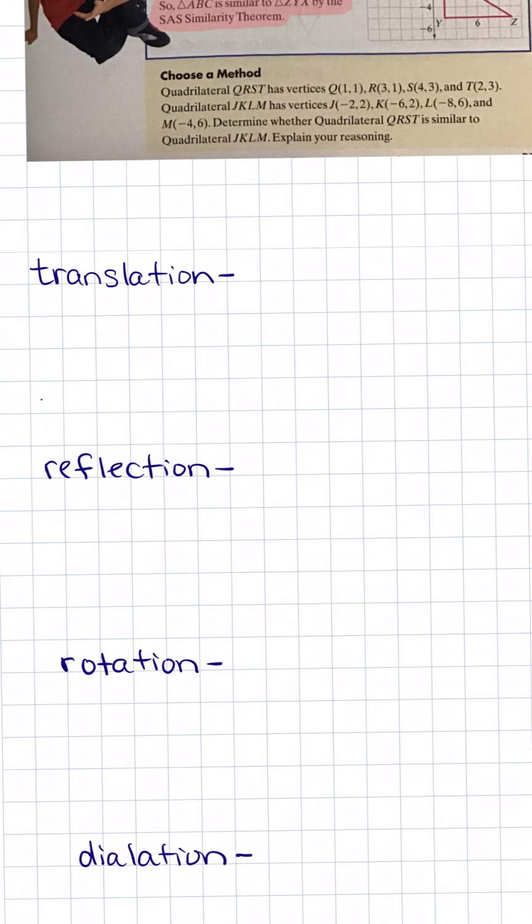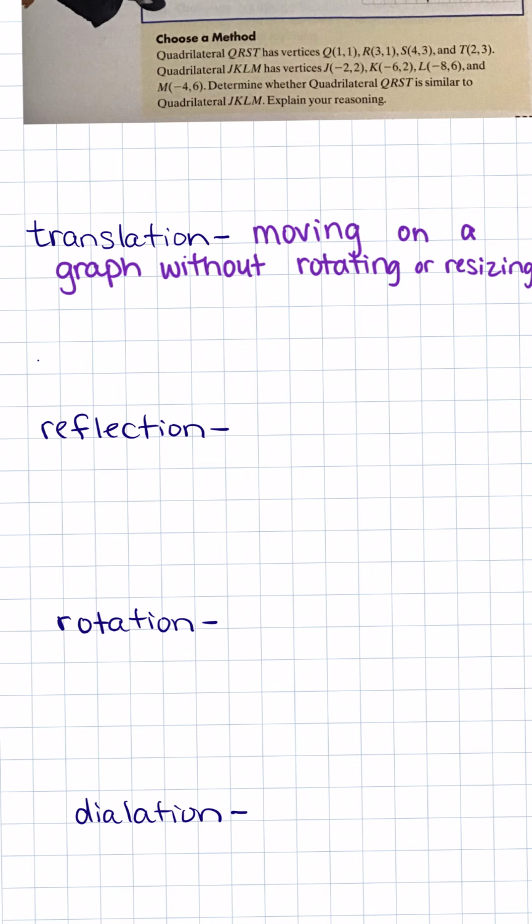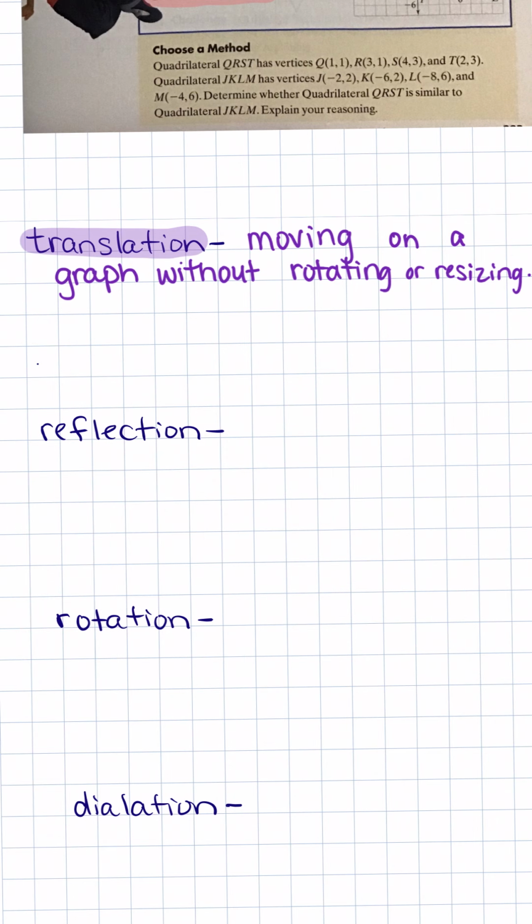We'll do that below. Okay, so translation is whenever a figure is being moved in a direction on a graph, moving on a graph without rotating or resizing.